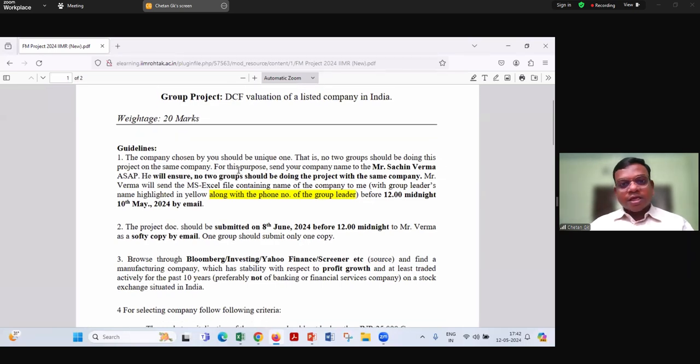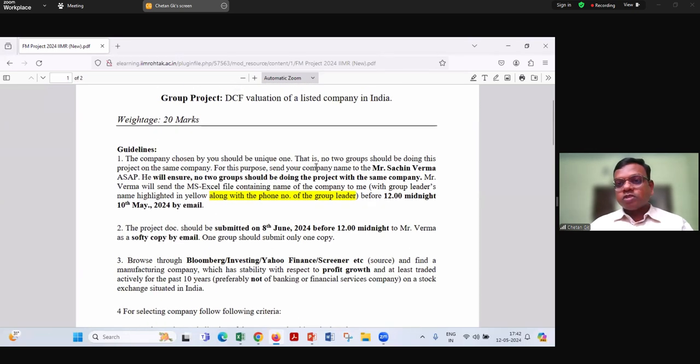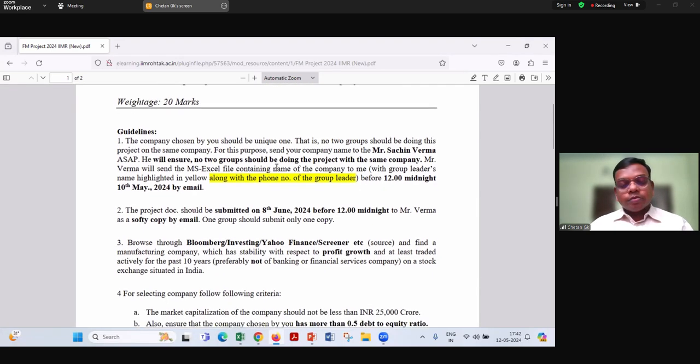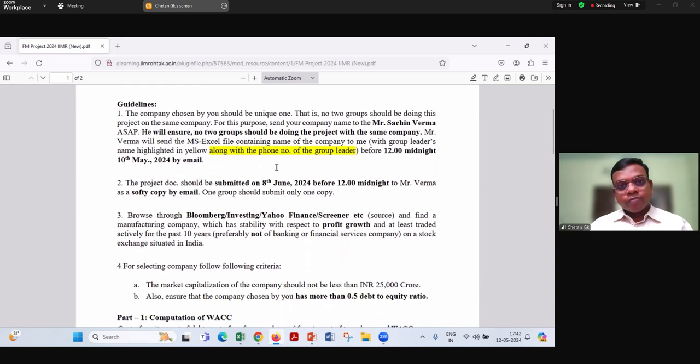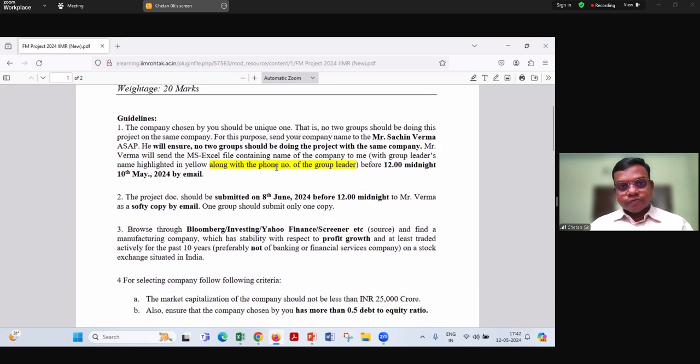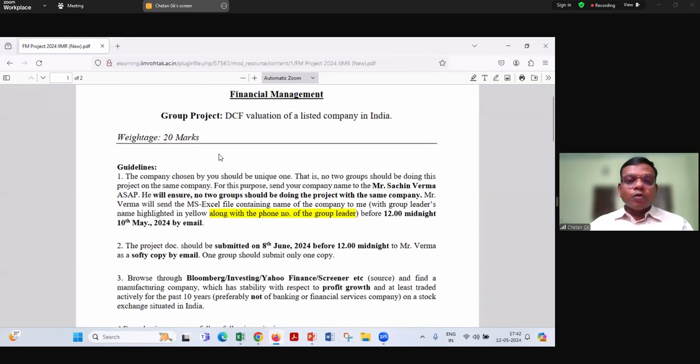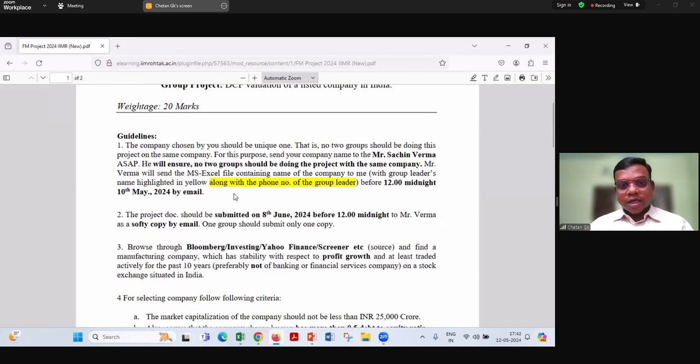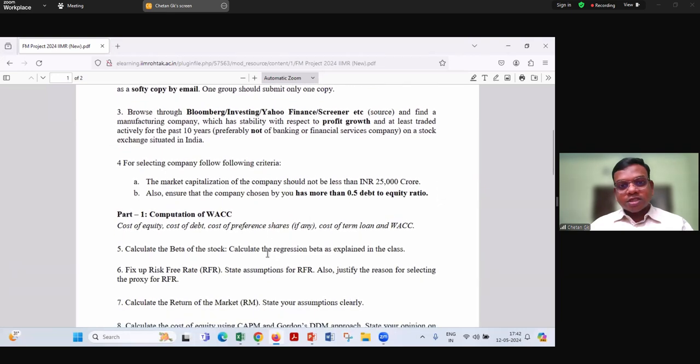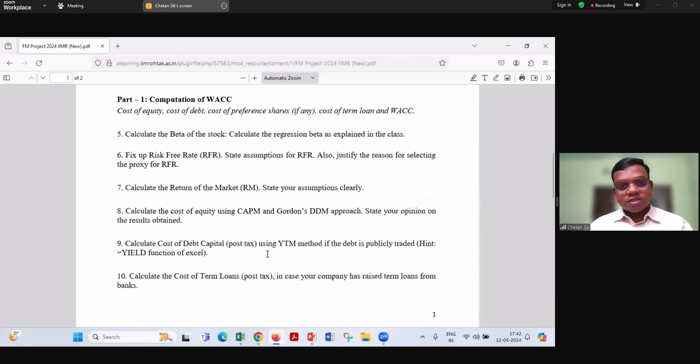So you should be selecting a company. You have got groups which are made by IIM. Based on this group, you have to choose a group leader, and the group should also take up one listed company, and the criteria for taking up any listed company is also given here. You can go through it.